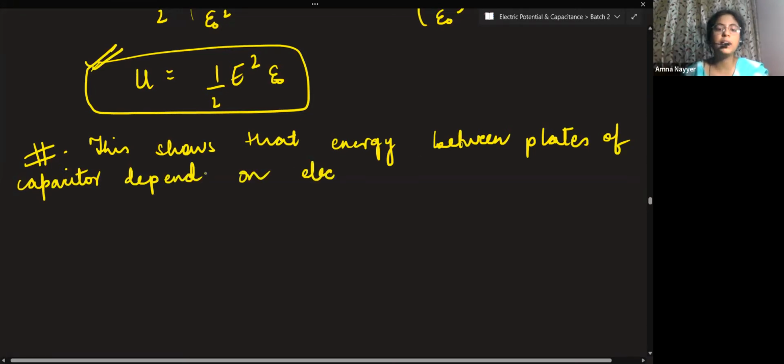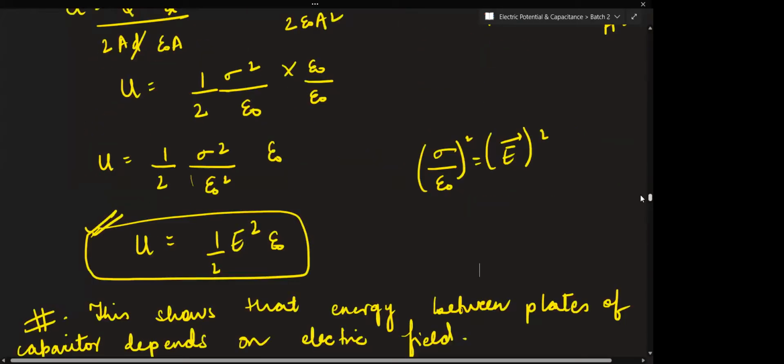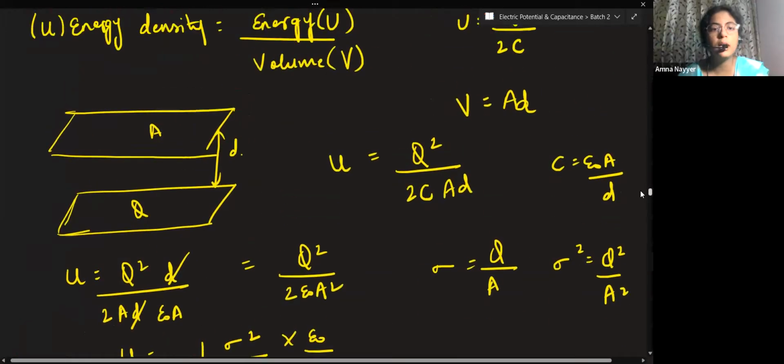Energy between the plates depends on the electric field, or the energy stored in the capacitors. Is this clear to all of you? Yes, ma'am. Fine. So just note down this as well.